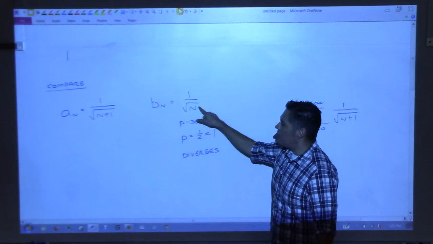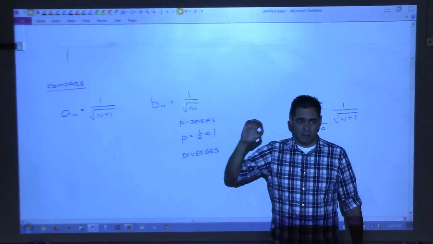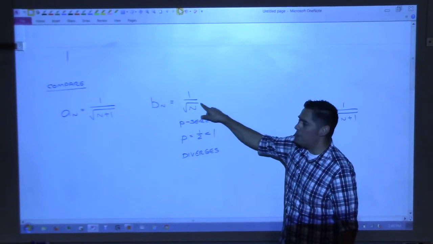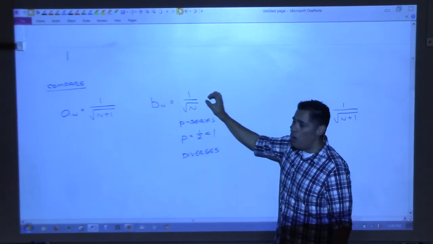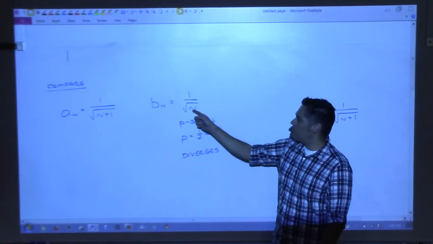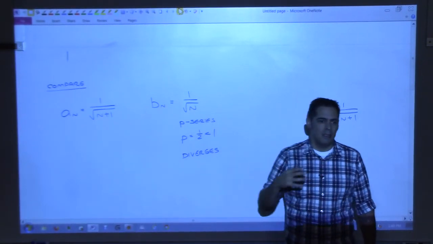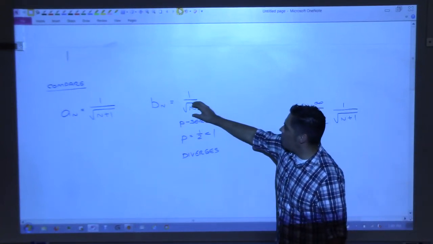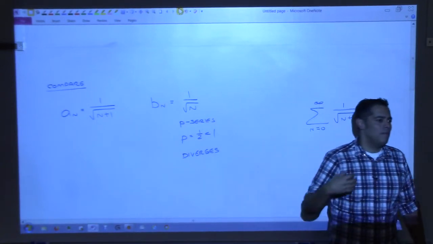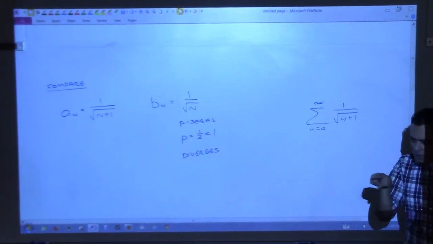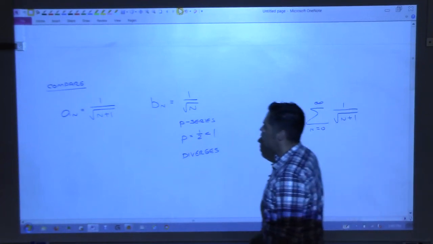If the power on this n is big, like 2, 5, 10, so imagine n to the 10th power, this thing is getting small really fast, and that's going to converge. But if it's a root, the bottom is getting bigger, but this fraction is not getting small fast enough. I don't know if that helps, but if not, you have a sheet. Look at it, p less than or equal to 1, diverges.